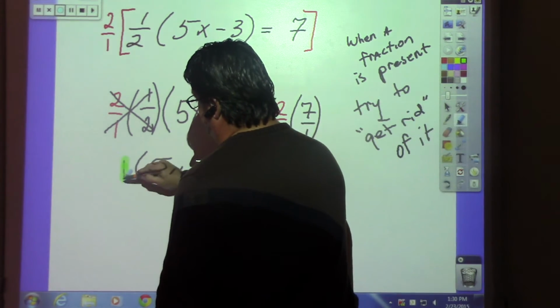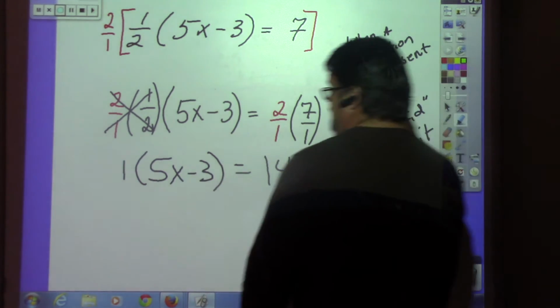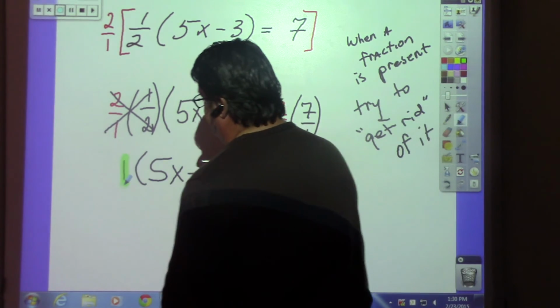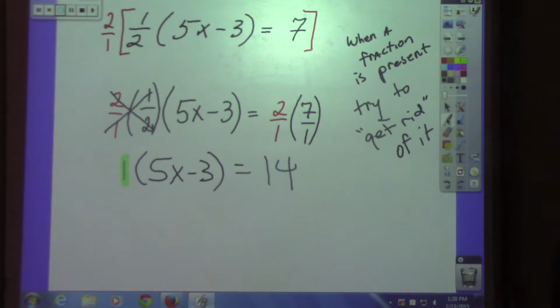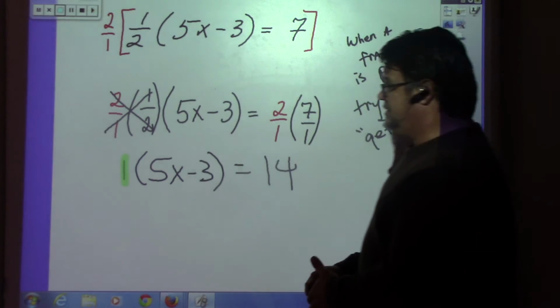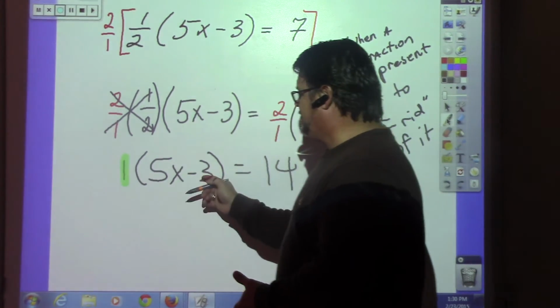A positive 1 is the multiplicative identity, meaning that whatever you multiply by 1, you're going to get the same answer. So, do you physically have to distribute that 1? No. It's just assumed, since 1 is the multiplicative identity, positive 1 multiplied by this.